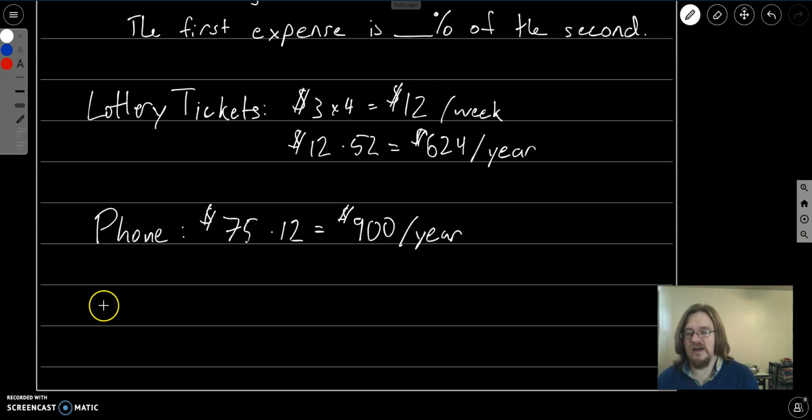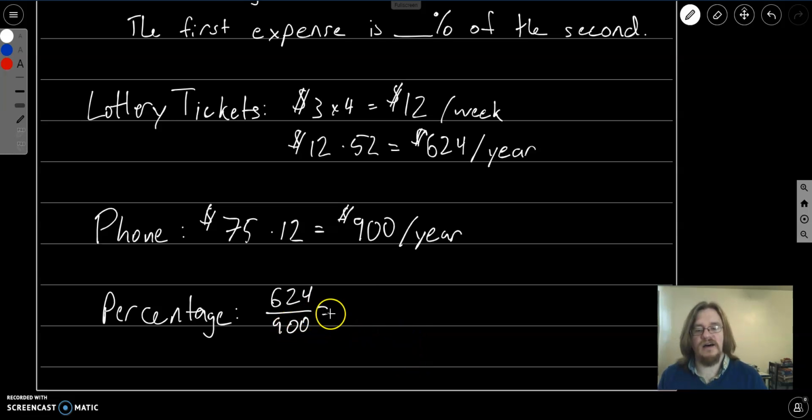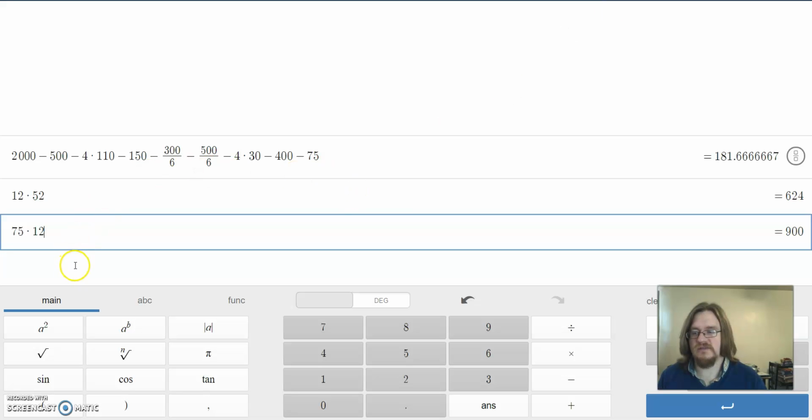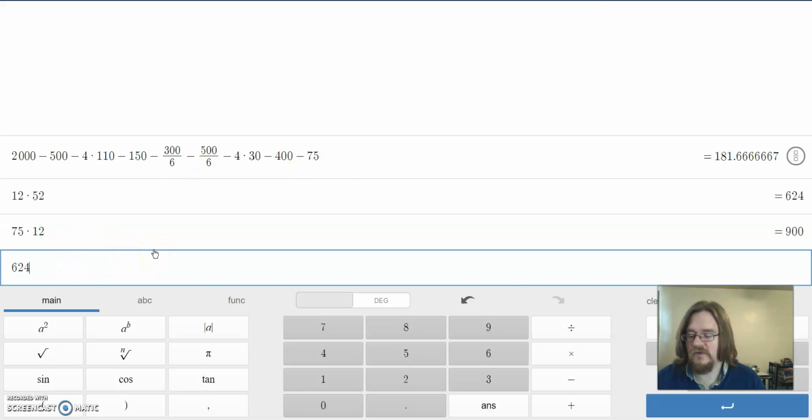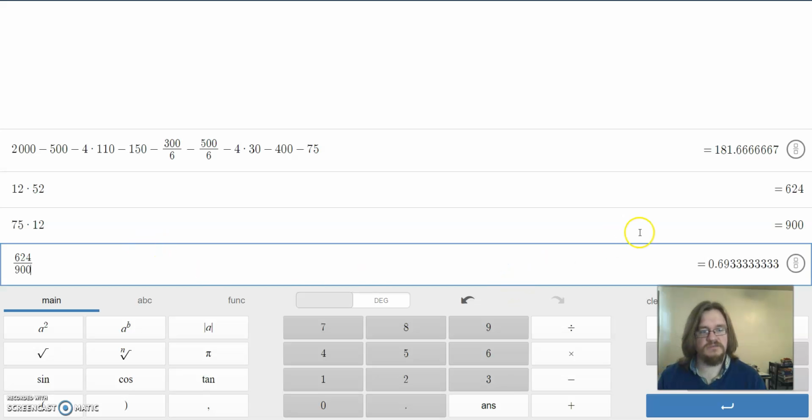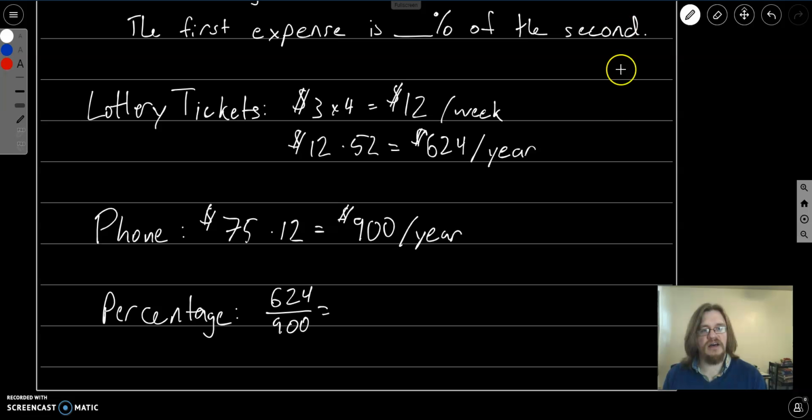So to find what percent 624 is of 900, I take 624 and I divide it by 900. And if we come over to decimals, 624 divided by 900 will be 0.693 repeating, so 0.69. Let's just write a few of these down.